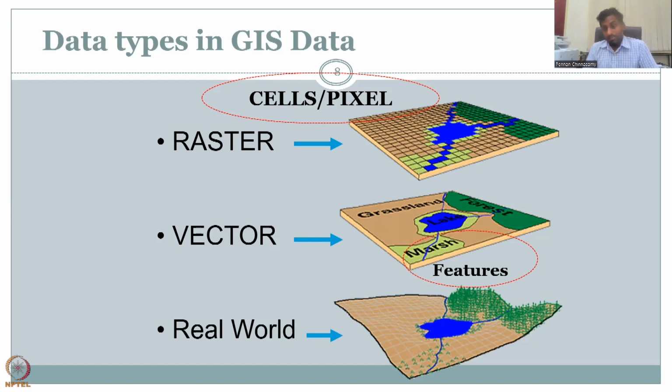In the next part, which is vector, you have features. So data is divided as cells, pixels, grids in the raster, whereas data is divided as features in the vector type. Here you could see marsh, lake, forest. Those are names, but those are also features under which data are stored as attributes.